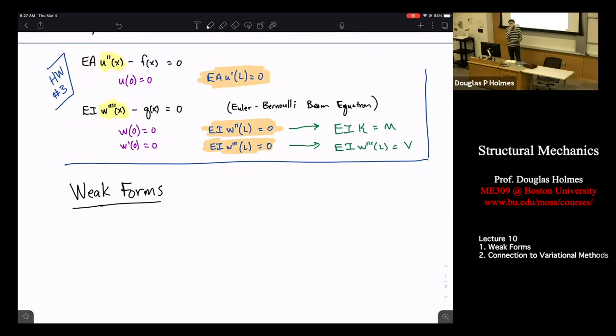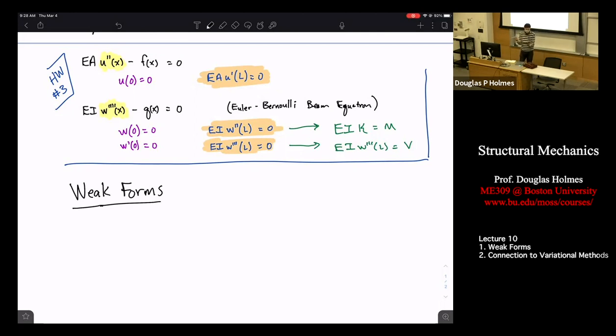And what we're going to derive are what are called weak formulations or weak forms. The idea is we don't want to solve differential equations. We want to solve something that's easier for our computer to handle.